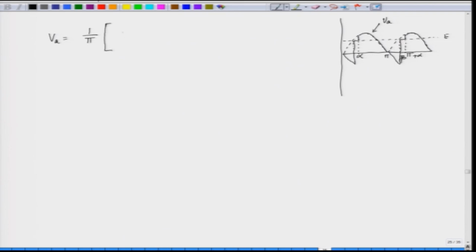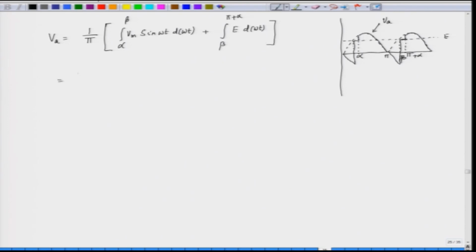So, we start with alpha, alpha to beta, we have Vm sin omega t d omega t, plus from beta to pi plus alpha, the value of the voltage is the back EMF, that is E, and the integration is over d omega t.